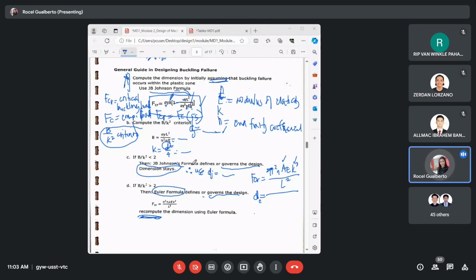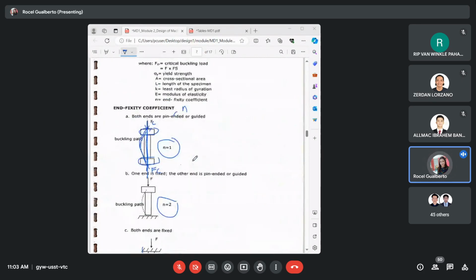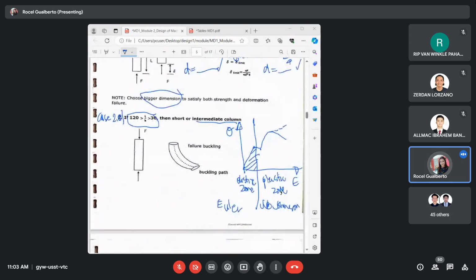Okay, so balikan natin yung illustration natin kanina, on the two theories of failure. Ito yung sa J.B. Johnson, ito yung sa Euler. Dito po, yung B over K squared, ari po yung less than 2. Ari naman po, yung B over K squared greater than 2. Ari yung nasa Euler. So, when you have this line po, yan po yung atin na boundary.